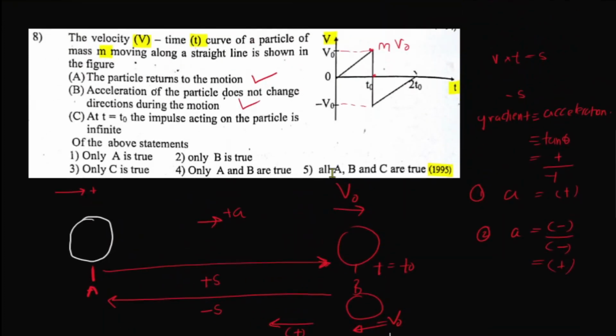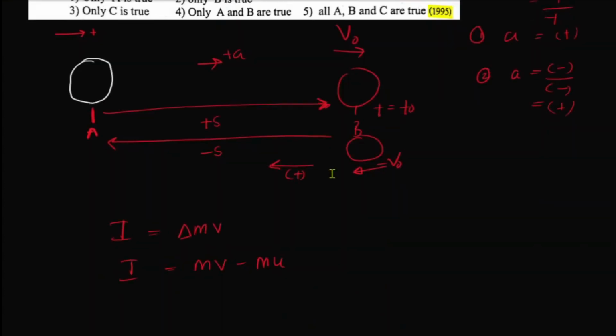So at this moment the linear momentum is m into minus v naught, because linear momentum means mass into velocity. So at t naught, just before it turned its direction, it had a positive linear momentum. Just after it turned its direction, it has a negative linear momentum.